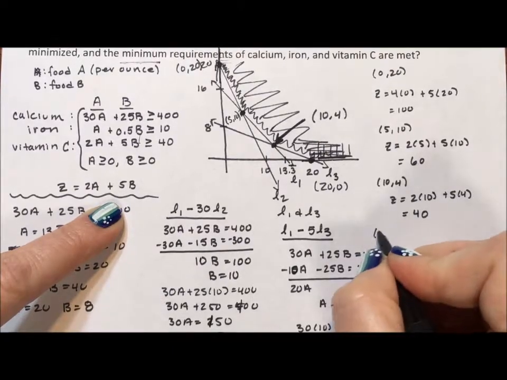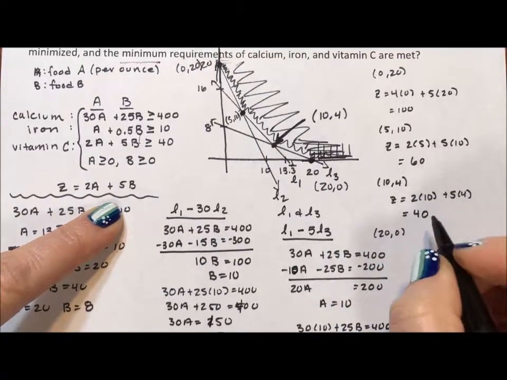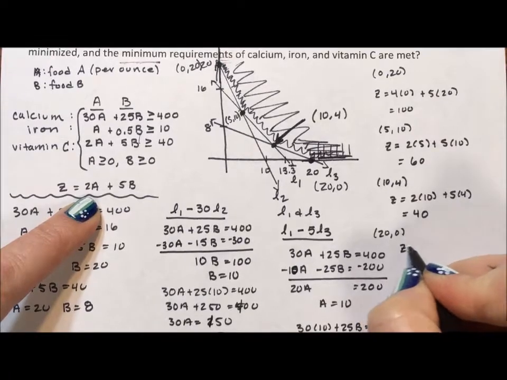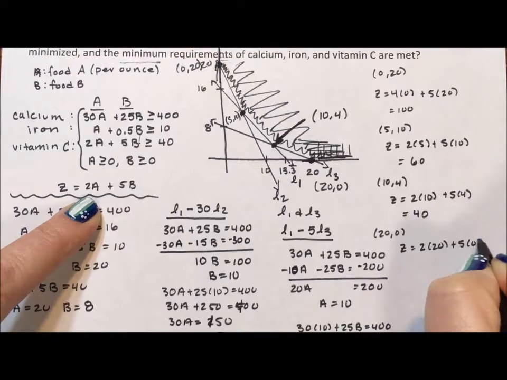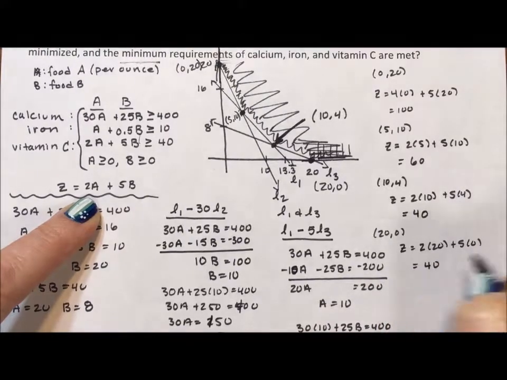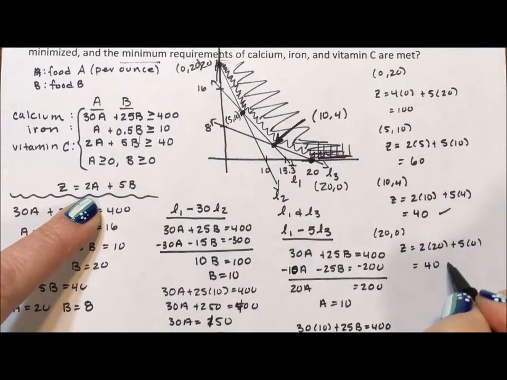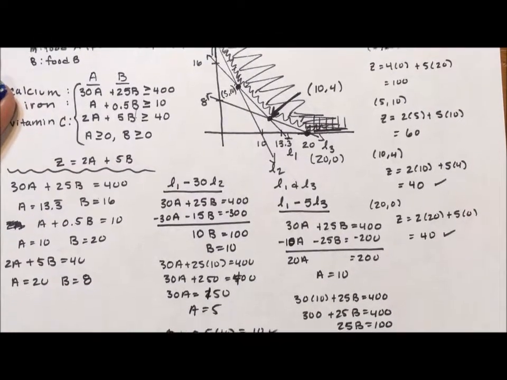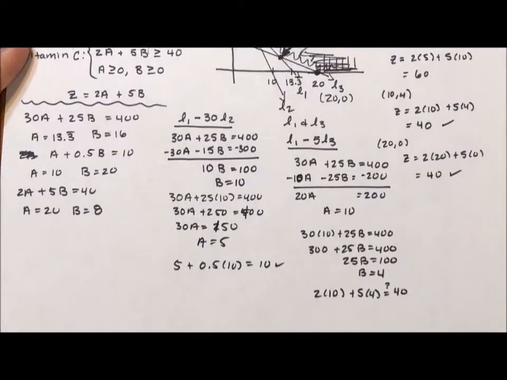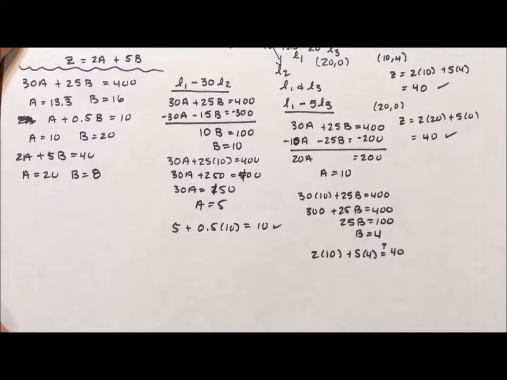And then if I test 20, 0, I have z is equal to 2 times 20 plus 5 times 0, which is 40. So we actually have 2 minimum values. So when I write my answer, I have to acknowledge both of those as being minimum values.